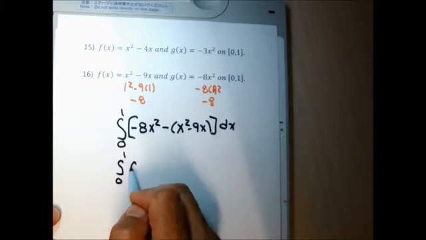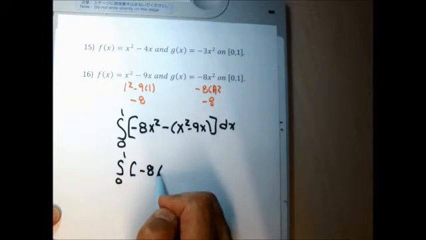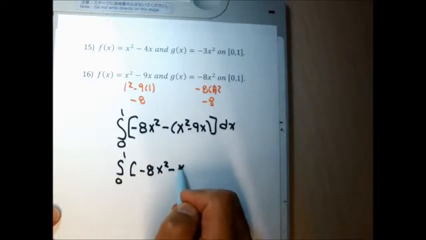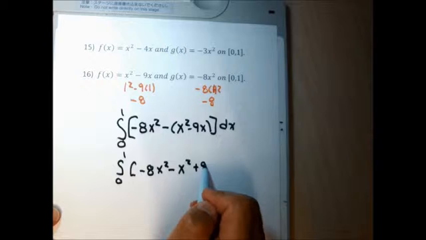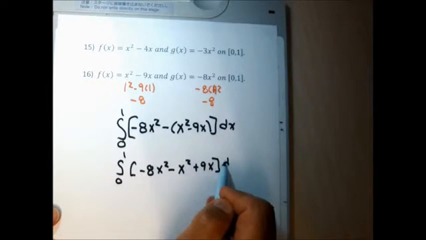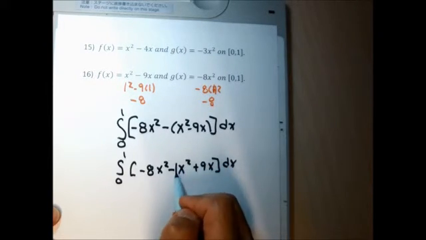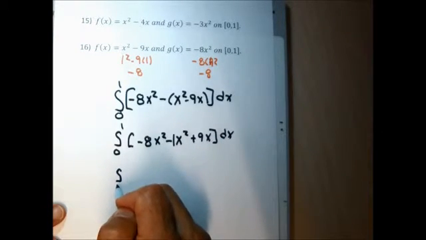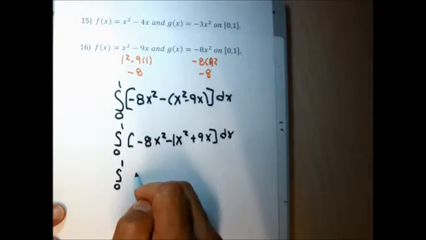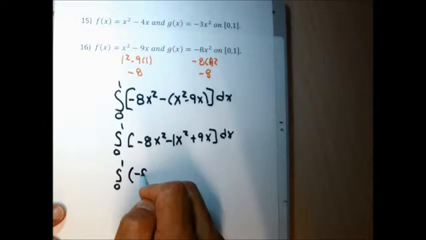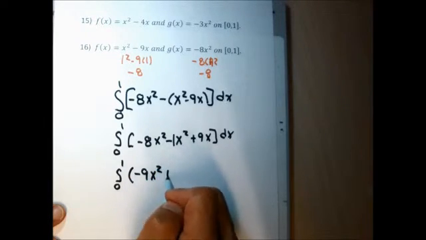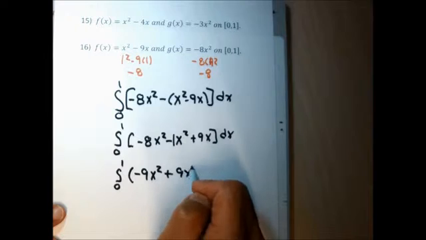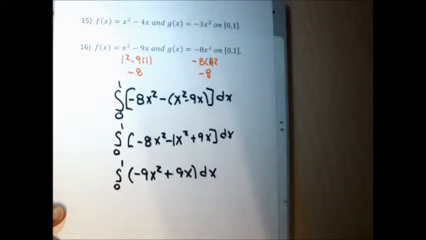So I'm going to get negative 8x squared minus x squared plus 9x dx. This is a negative 8 minus a negative 1x squared. So it's really going to be a negative 9x squared. So it's negative 9x squared plus 9x dx. Evaluate it from 0 to 1.